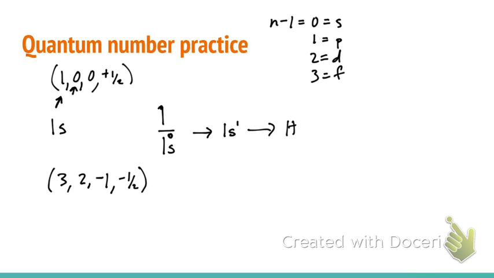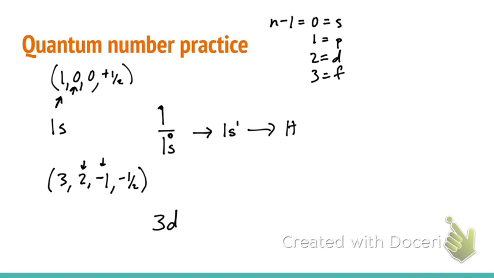So here we have the energy level. I personally convert it into electron configuration. So this is 3. This is 2, so it's going to be D. And then this is -1.